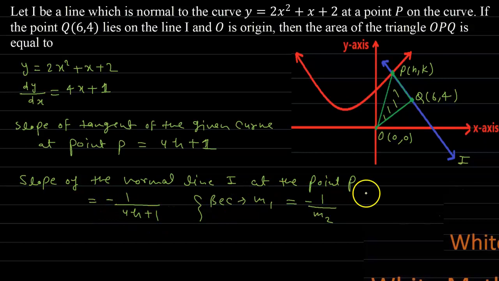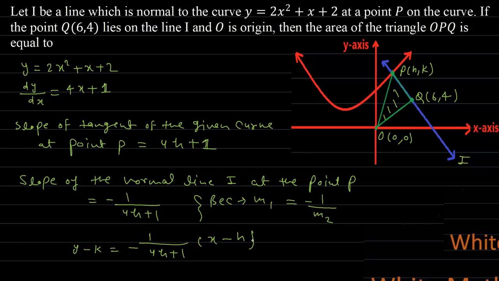Now the equation of the line l, whose slope is -1/(4h + 1) and passing through the point P, will be, by the point-slope form, y minus the y coordinate, that is k, is equal to the slope -1/(4h + 1) times x minus the x coordinate, that is h.